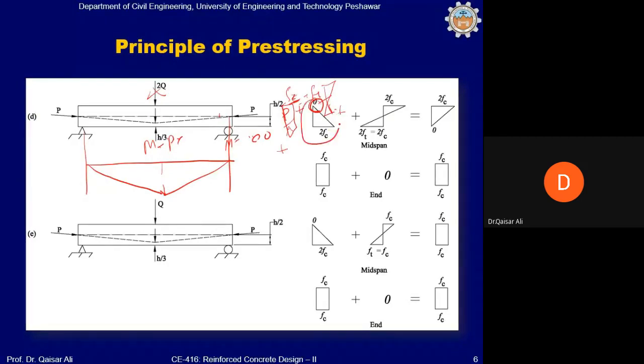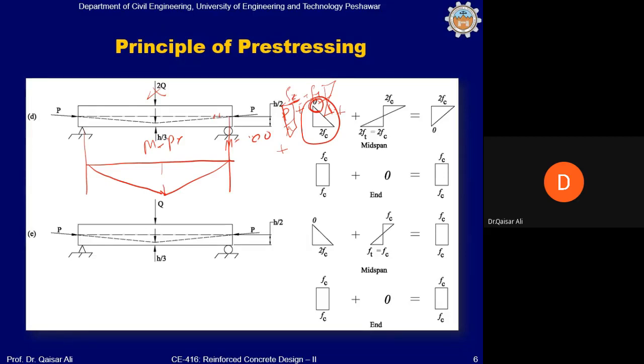So 0 and 2Fc will still be there because the bending moment at the mid-span is the same as in the previous case. However, the bending moment at the ends is not that of the previous case. The bending moment here is much less than the bending moment at the mid-span.